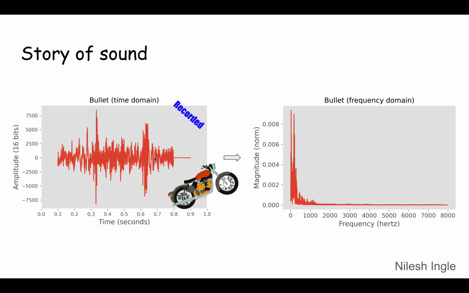Now to get features for machine learning from this data, it's converted into the frequency domain, as we can see here on the right hand side, and here we can see several peaks right near below 1000 frequency. There are a lot of interesting peaks in the plot, and that is helpful while we are training a model.